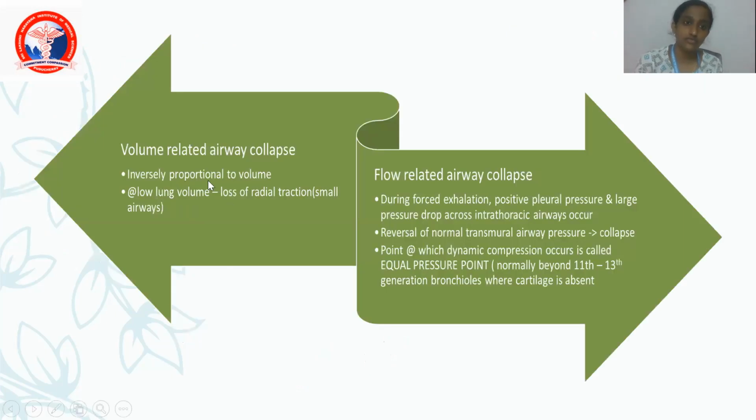In volume-related airway collapse, at a lower lung volume there will be loss of radial traction, so the airway will easily collapse. In flow-related airway collapse, whenever we are forcefully exhaling, there will be positive pleural pressure and a large pressure drop across the airway. That will lead to a sudden collapse.